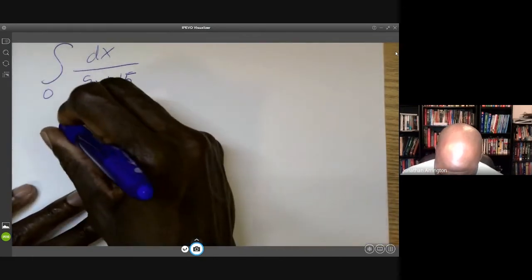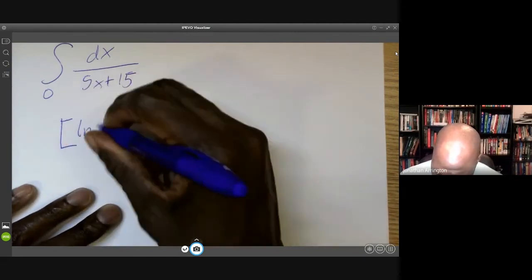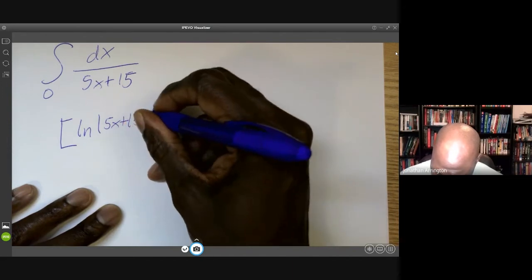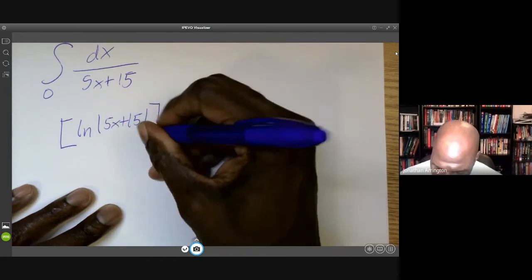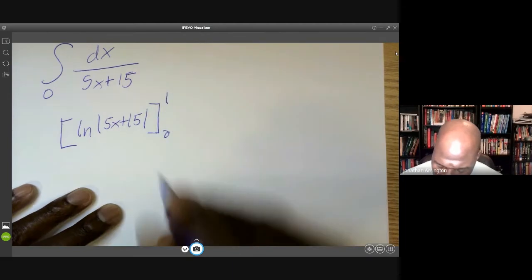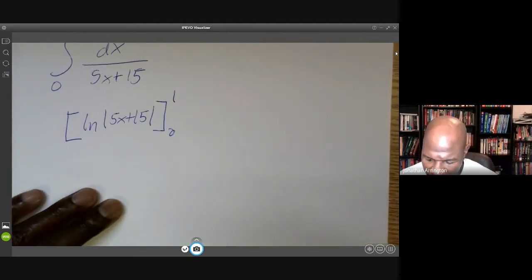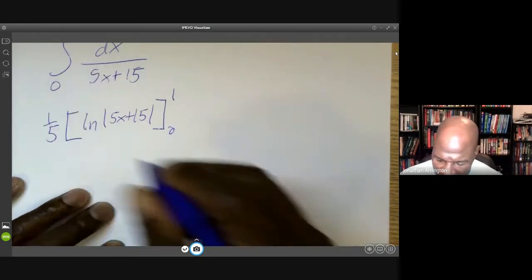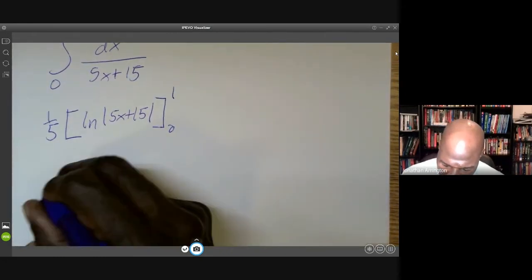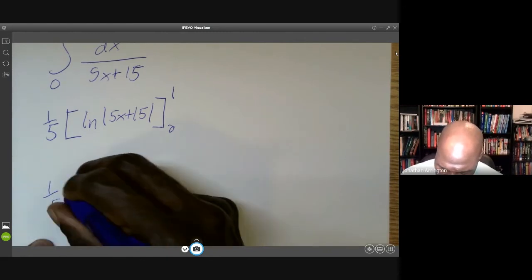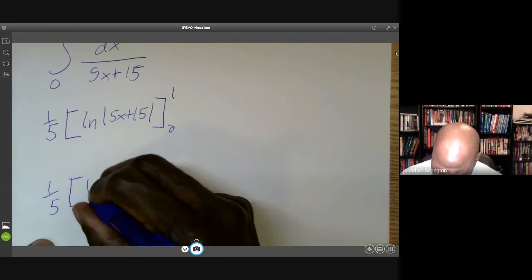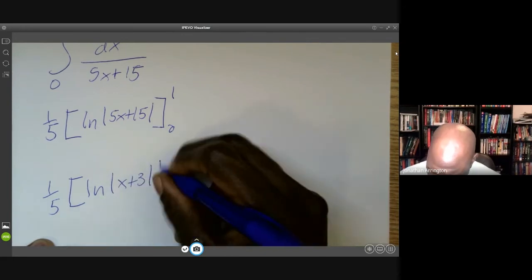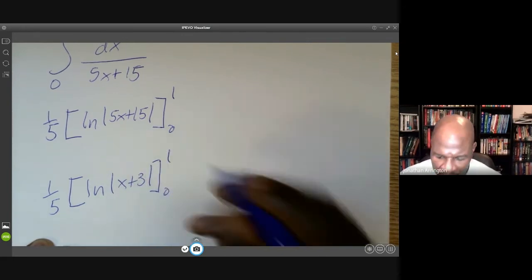Our one option is 1/5 ln of the absolute value of 5x plus 15. I didn't have to write the absolute value because based off the limits of the integral, it's going to be positive. We'll compare that to 1/5 ln of x plus 3, evaluated from 0 to 1.